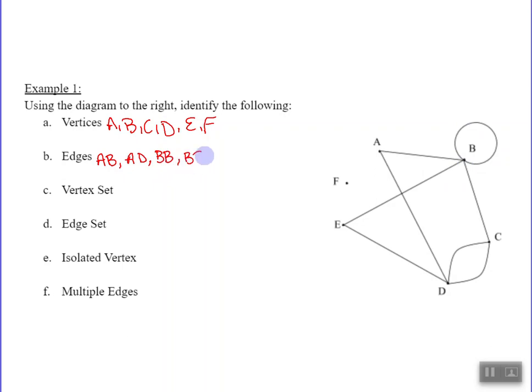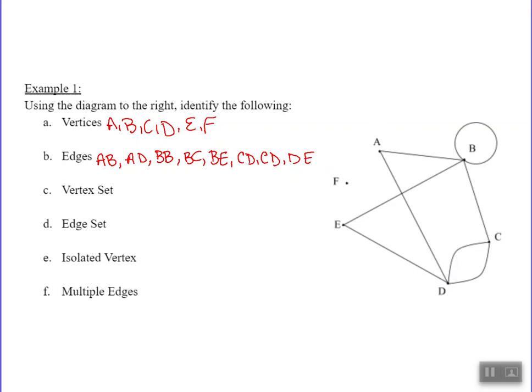We have BC as an edge. We have BE as an edge. Then if I look at the edges that start at C, I have 2 edges that go to D. So I actually have two CD edges. And then my last edge is DE.